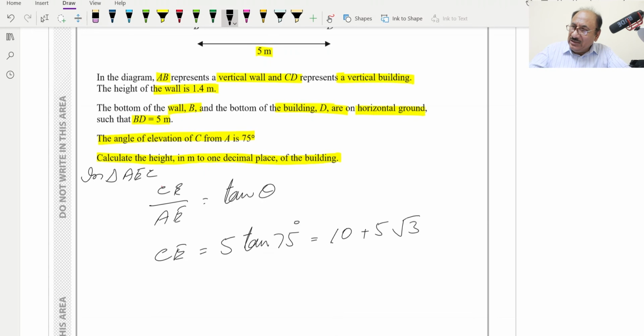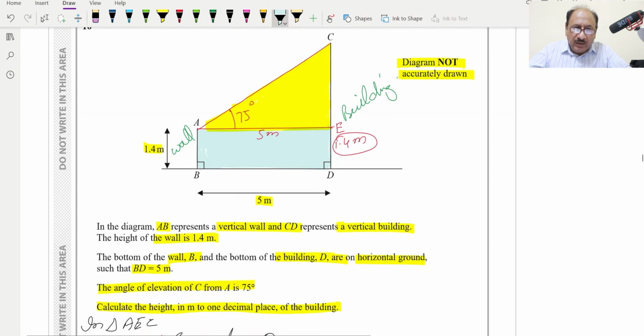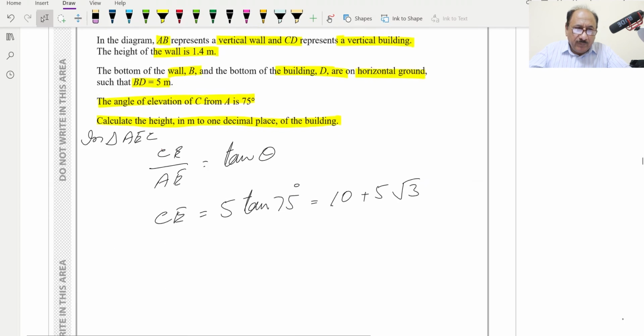Now CD is what is having this height as well, which is 1.4 height of the wall, which is same as on this side also. So CD will be equal to CE plus ED.